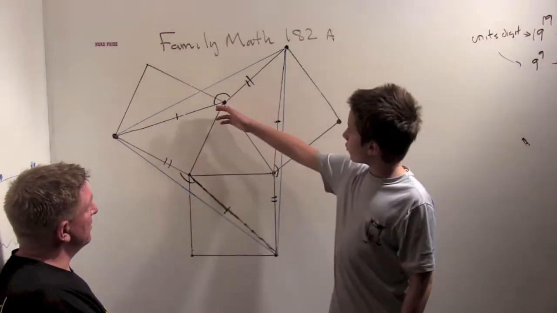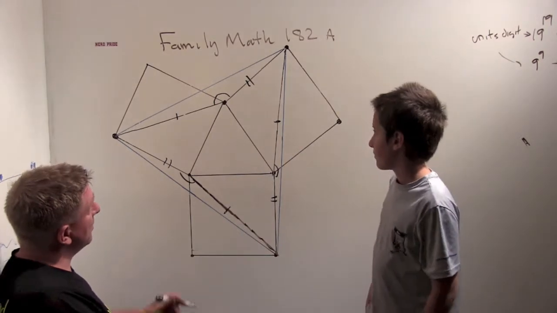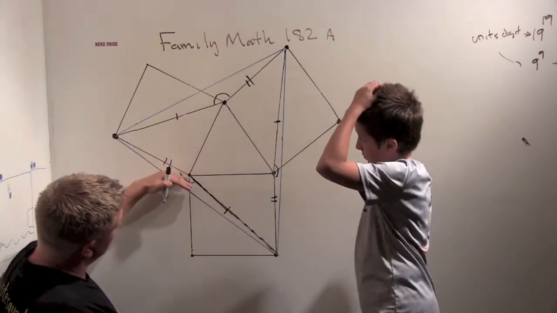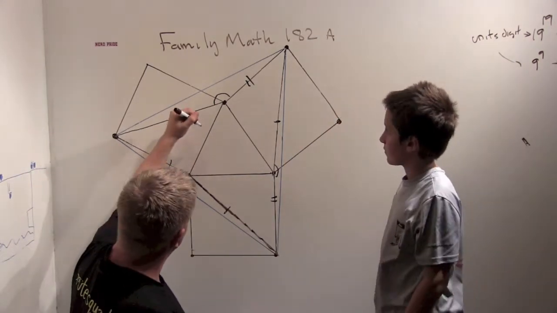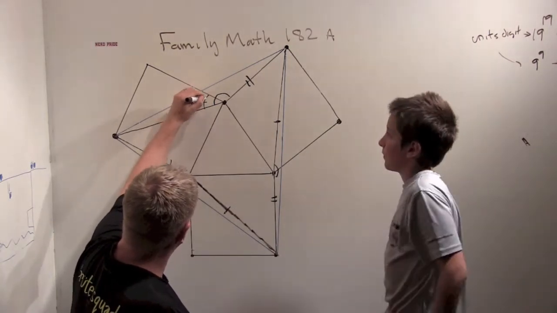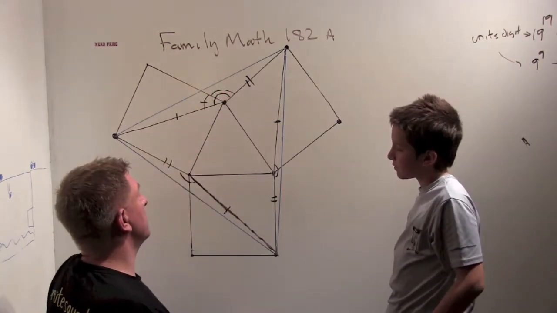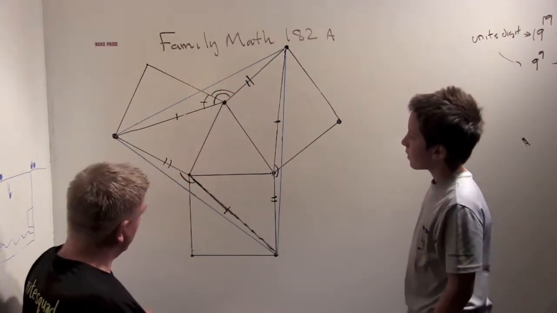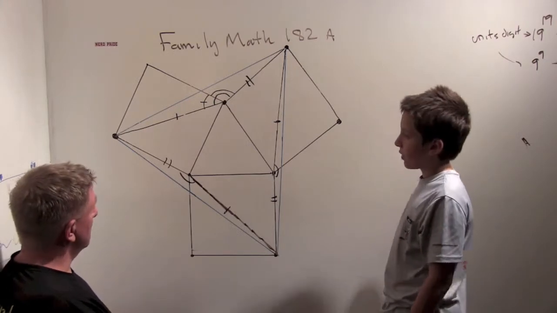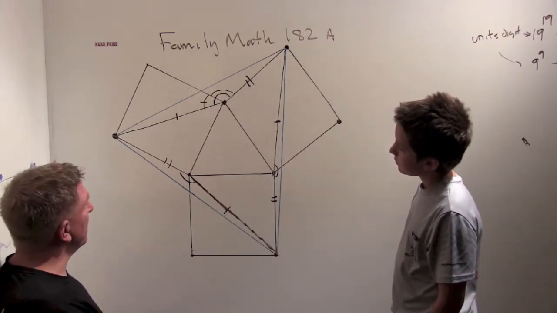Well, we have two smaller angles. Each of the big angles we're trying to show has two pieces to it. One piece is inside of the square here, and one piece is outside of it. Which one of those angles do you want to talk about first? Let's talk about the inside one first. Inside the square, what can you tell me about that angle?